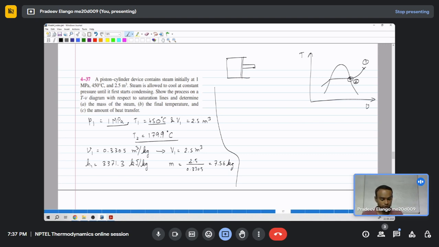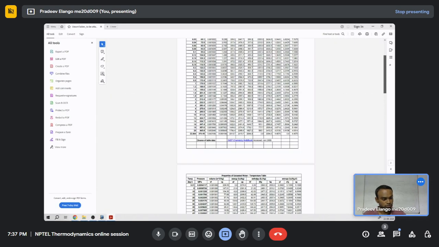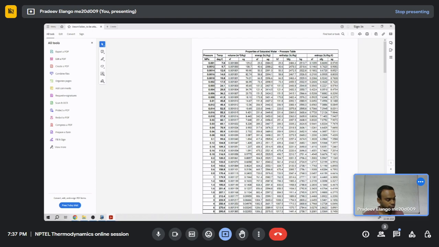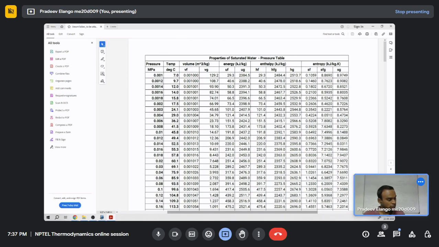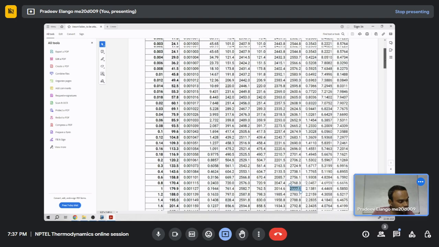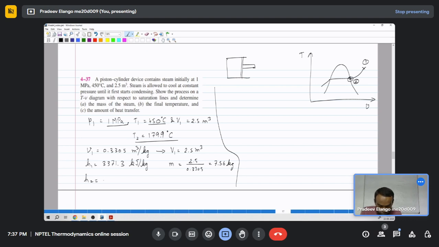So H1 is already known. To calculate H2 we need to go to the saturated table. So it is 1 megapascal, Hg is 2777.1 kilojoule per kg. So heat transfer is m into H2 minus H1.